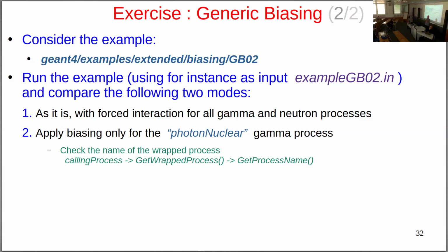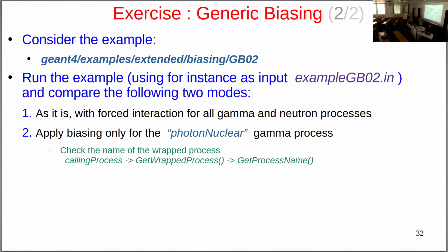Yes, so cross-section biasing means that you typically enhance the cross-section. Instead of being 10 millibarn, you put 1,000 millibarn. You increase it everywhere, suppose that you apply it everywhere. So if you have a thin target, if you increase by a factor of 100, you certainly will see more interactions, but not necessarily will you have an interaction in that thin detector.